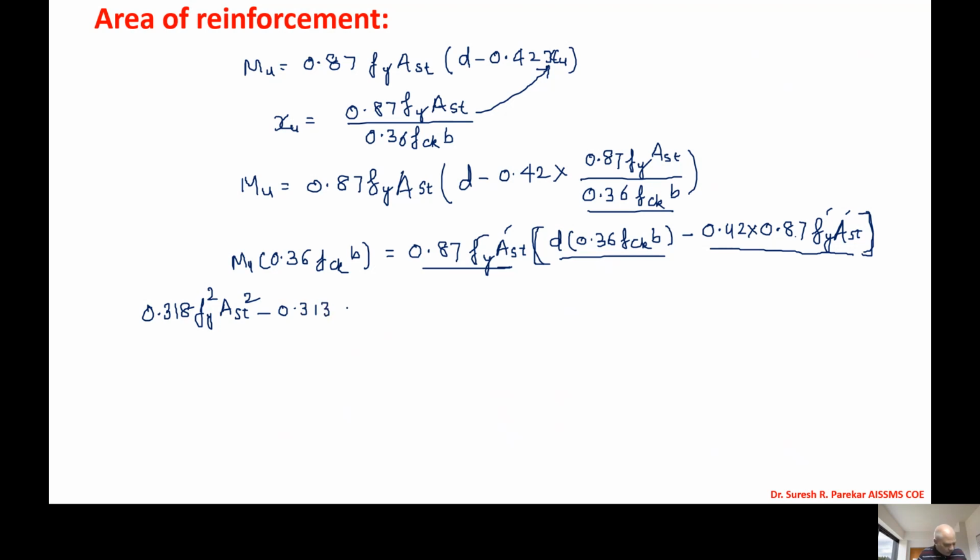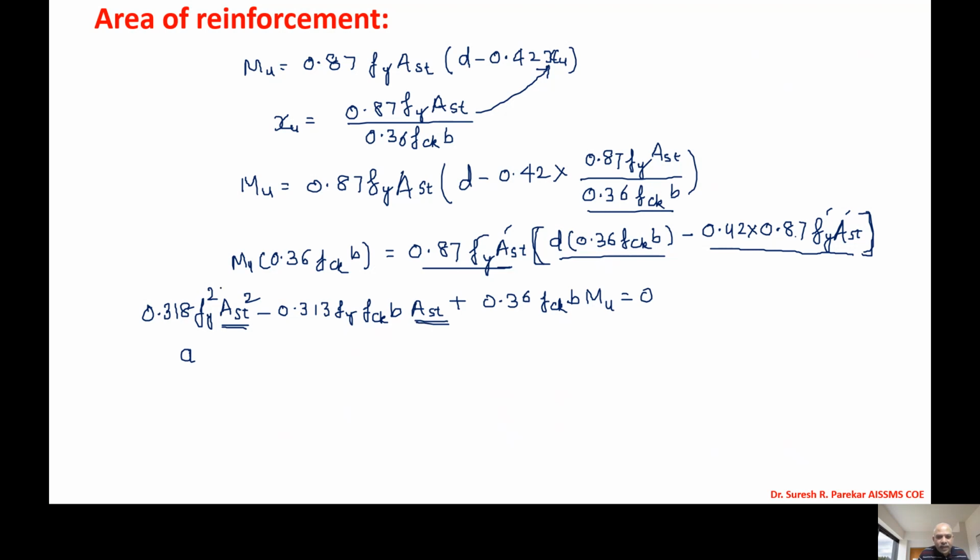0.313. Then we have fy into fck into b, fck into b into Ast, and plus we have 0.36 fck into b into Mu, which is equal to 0. So in this we will get a quadratic equation in terms of Ast.